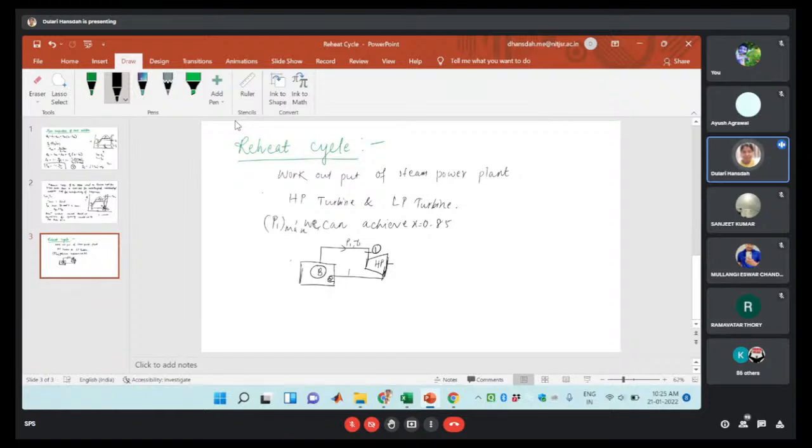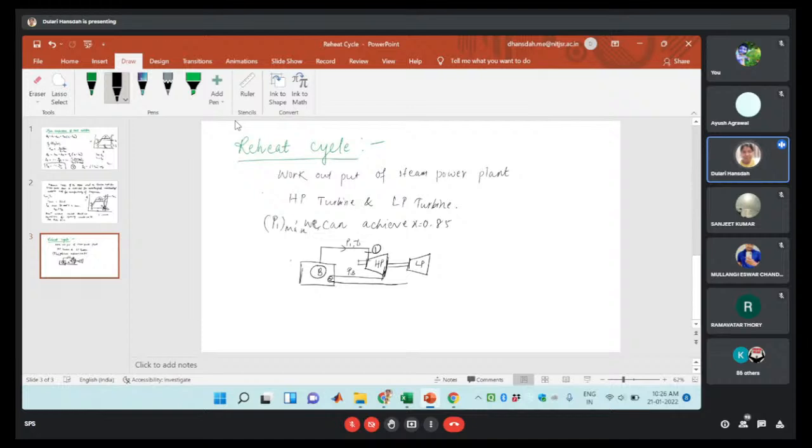That outlet pressure, let us take it as the P3 pressure, right? Then again the high pressure and high temperature steam will be the inlet to the low pressure turbine. That low pressure turbine will be driven together with the high pressure turbine. Okay, they are connected together. So this is your low pressure turbine.